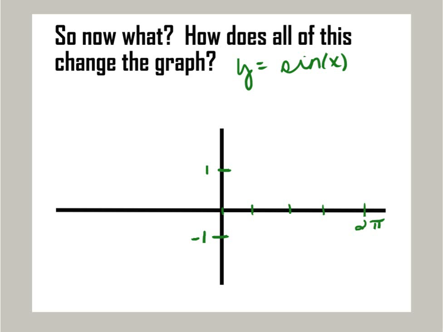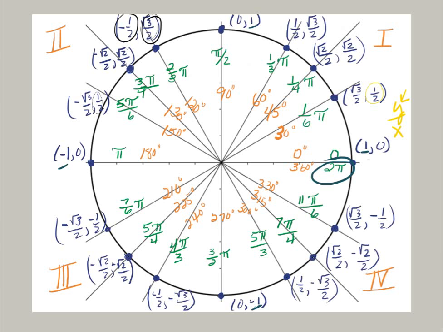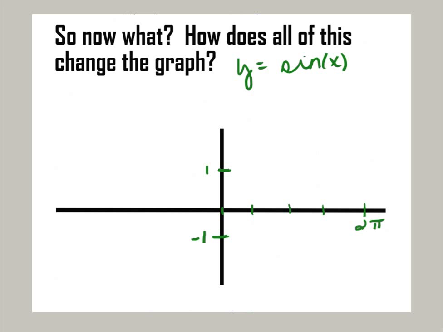In fact, let's look at those real quick. So here's my unit circle. Remember, the 4 quadrant angles are 0, pi over 2, pi, 3 pi over 2, and then back to 2 pi, right? Because that's the same as 0. So these 5 key points is what our graph is normally based on.